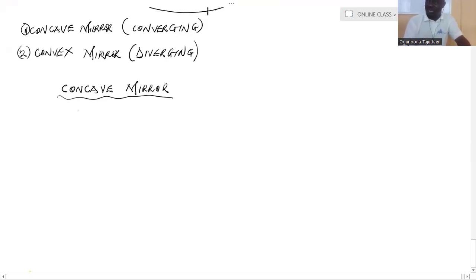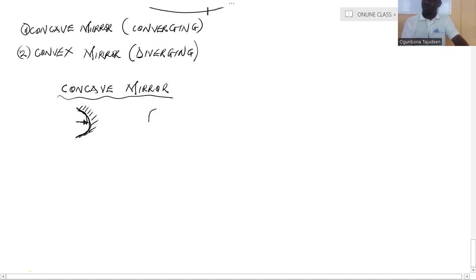Got it? Like this. A cave is like a cave where the outside is not what you want. The part that you need is this place. This is the mirror that can see something inside here. It's like a cave. When you remember that, you know that we are talking about concave mirror.